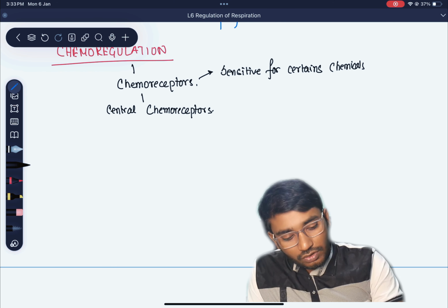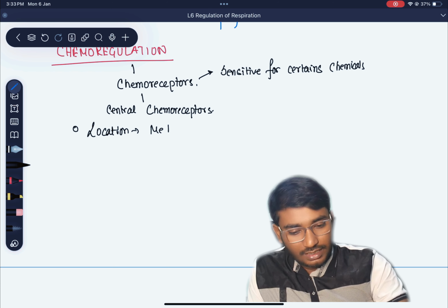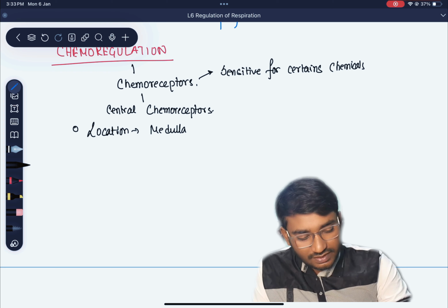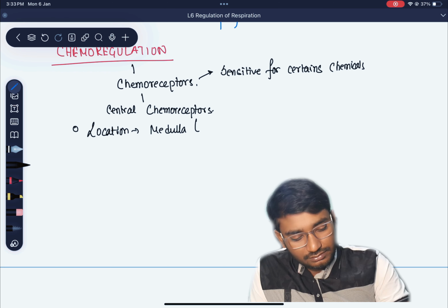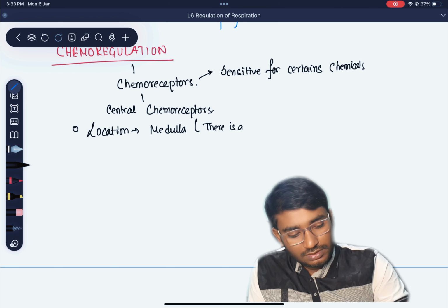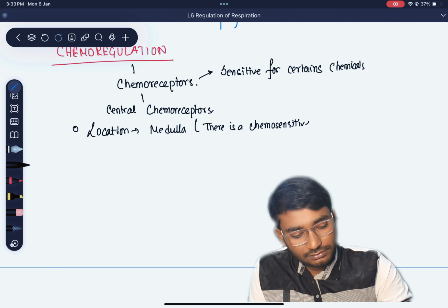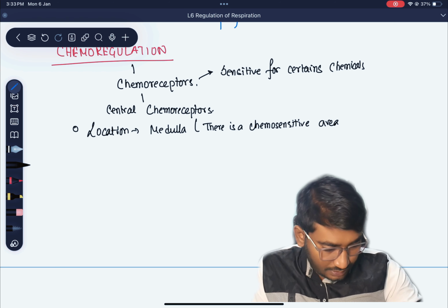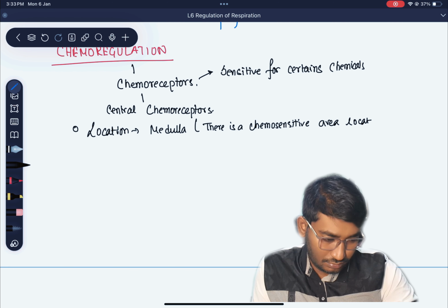Location is the medulla. There is a chemosensitive area in the medulla. There is a chemosensitive area located near the RBC.